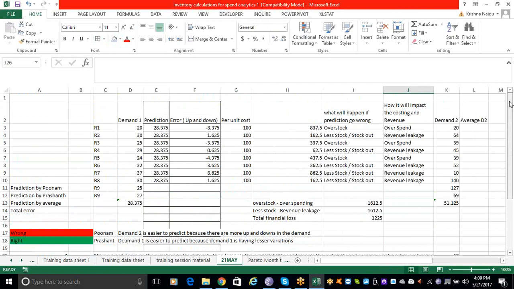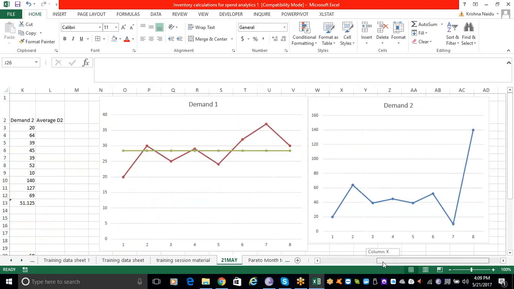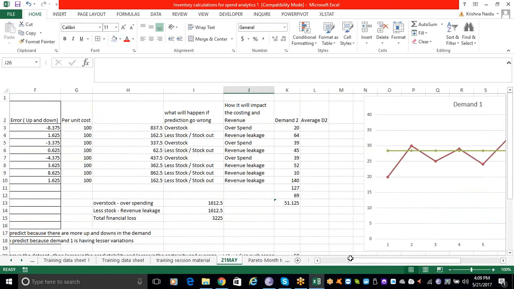No, no, let's do the same thing on the second case, demand 2. I'll find the average, that's coming around 51.125.